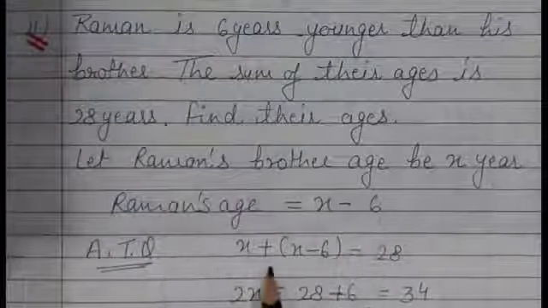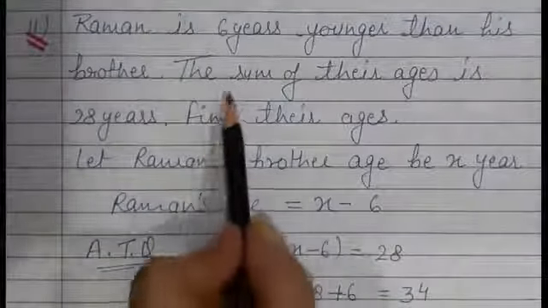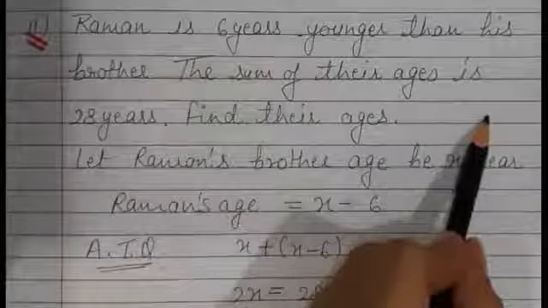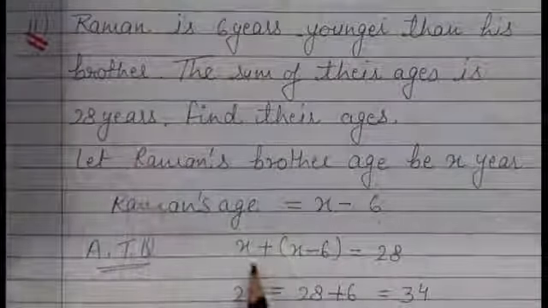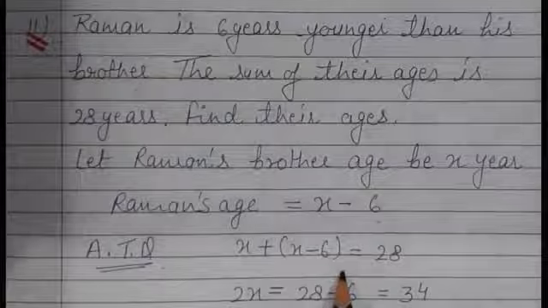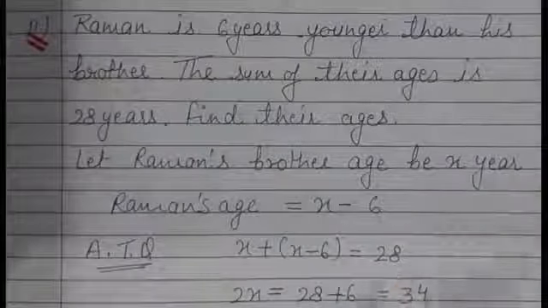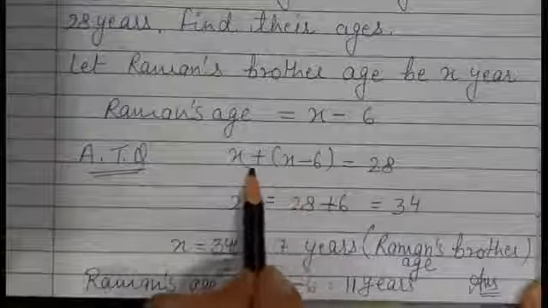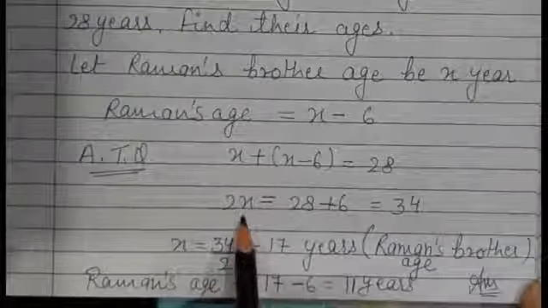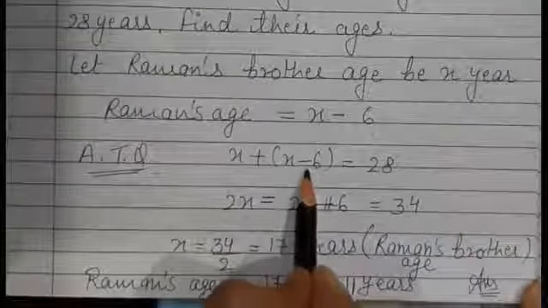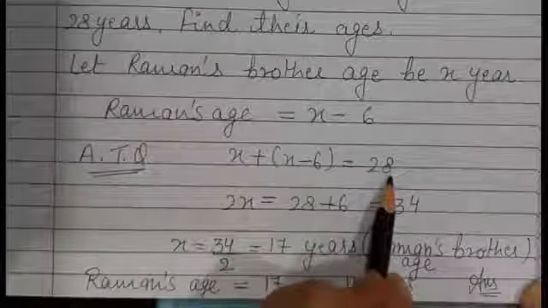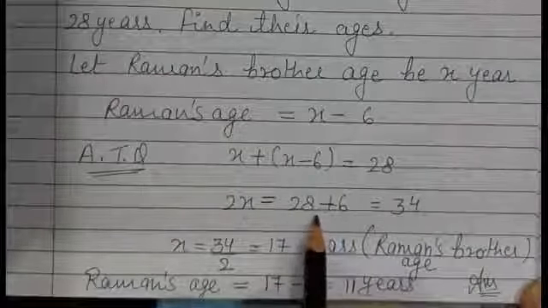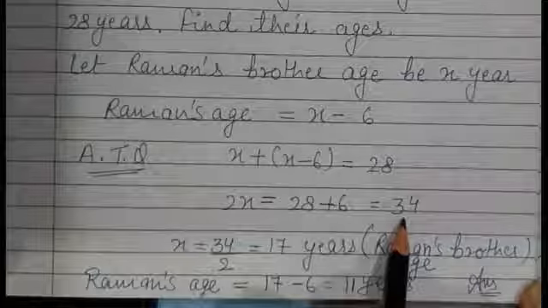So according to the question, they are saying the sum of their ages is 28 years. So that means x plus x minus 6 equals 28. Now open the bracket. When we solve, x plus x will be 2x. When we transpose minus 6 from the left hand side to the right hand side, we have to add: 28 plus 6 will be 34.